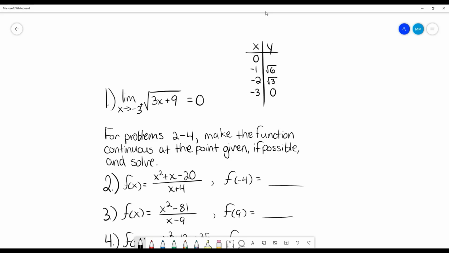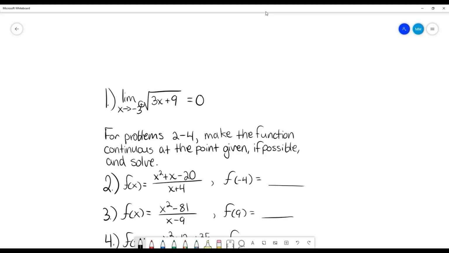If I plug in that 0, it's going to be 3 times 0, or just 0, plus 9. So we get the square root of 9, or just 3. And obviously, the square root of 9 is bigger than the square root of 6, which is bigger than the square root of 3, which is bigger than 0. And so we see as we go here that we're just getting closer and closer to 0, because we're getting smaller and smaller values as we get closer to this value from the right side. So our limit is 0.